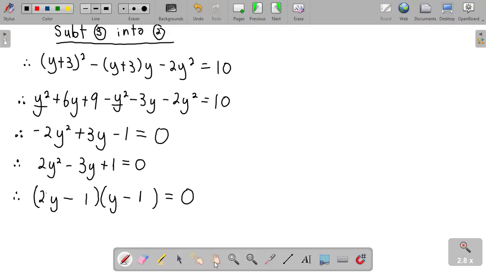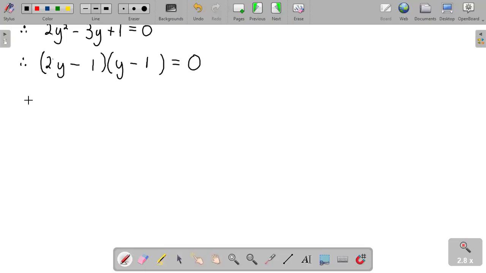So it's going to be therefore y equals 1 over 2 or y equals 1.